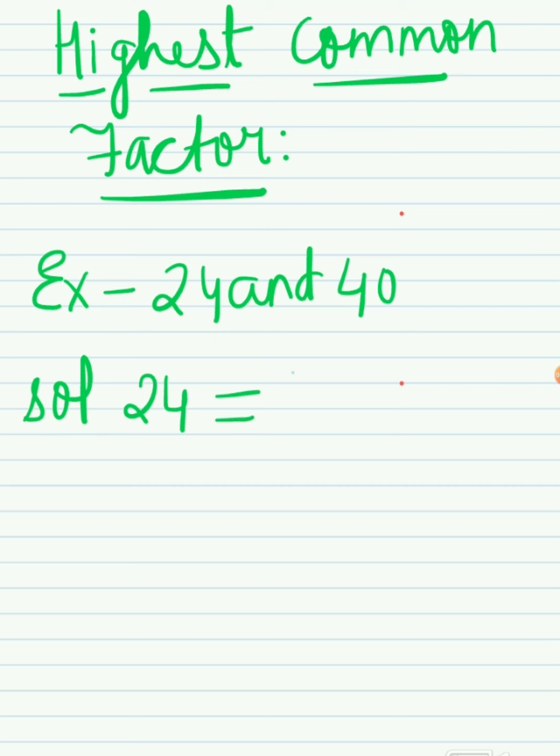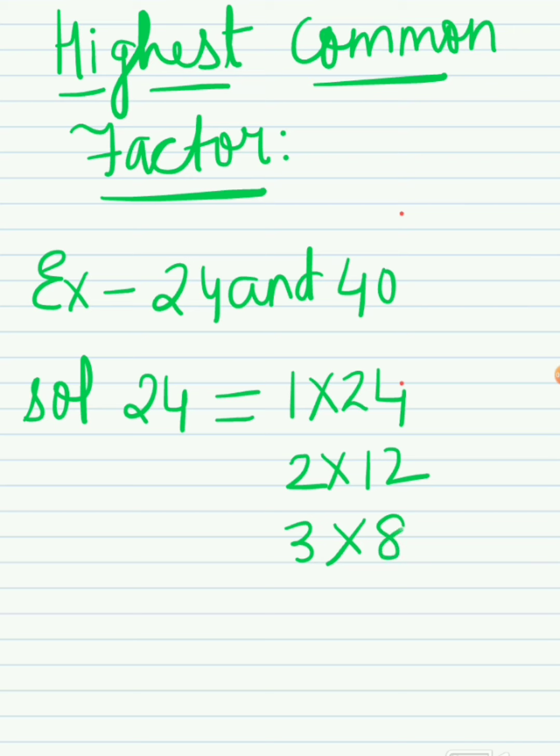We know that 1 is a factor of every number. So 1 into 24, in the 1 table it is coming. After that 2 into 12, 2 12s are 24. Then 3 table, 3 8s are 24. Then 4 table, 4 into 6.